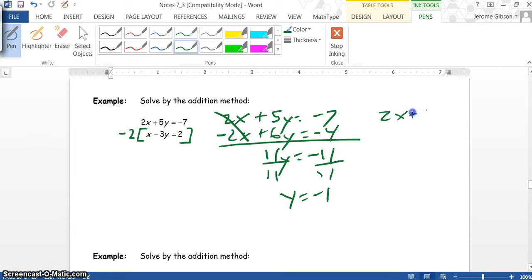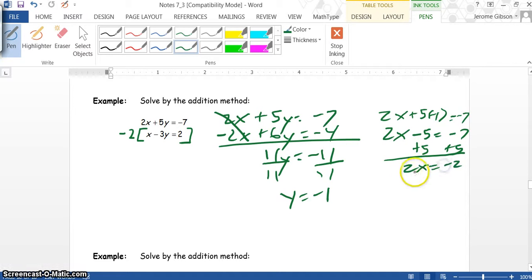So we had 2x plus 5 times negative 1 equals negative 7. So we had 2x minus 5 equals negative 7. We add 5 on both sides. 2x is negative 2. Divide each side by 2, and x is negative 1. So our ordered pair is negative 1, negative 1.